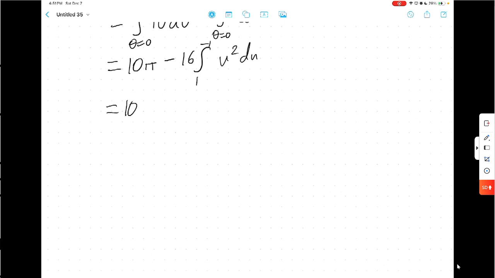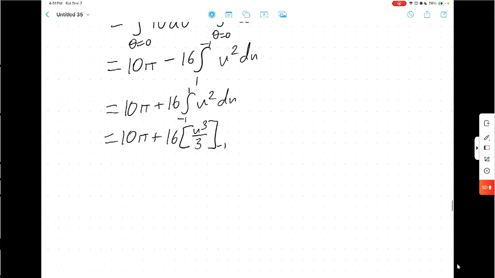And I'm going to flip the bounds using the negative, which is equal to 10 pi plus 16 times u cubed over 3, evaluated from negative 1 to 1, plus 16 times 1/3 minus negative 1/3. This is 2/3, so 32 over 3 plus 10 pi.